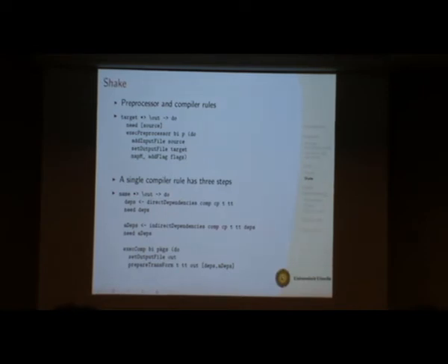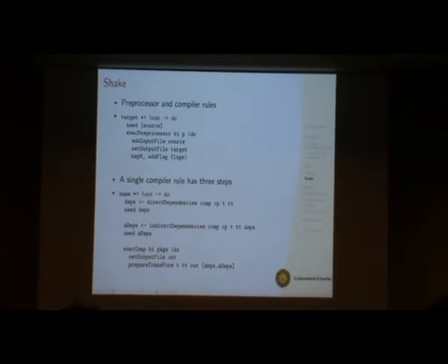Okay, Shake. What a rule basically does is: I have a target, which file I want to build, and how I want to build it. And need is kind of, these are my dependencies. What it will do is block on need until my dependencies are met, and then it will build the rest. Okay, the preprocessor class is pretty simple. You just need a source, you code the file with text apply.